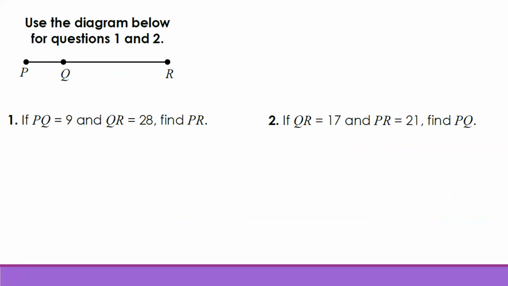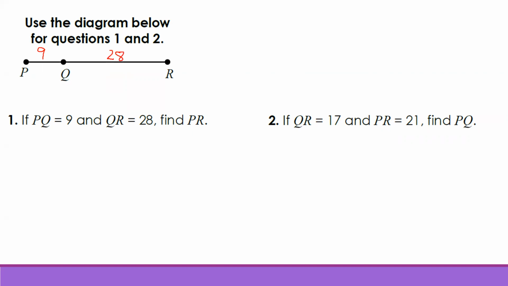So in this diagram, I have a segment PR, and that's made up of PQ and QR. In number 1, it says that if PQ equals 9, let me go ahead and put a 9 right here, and QR equals 28, find the length of PR.